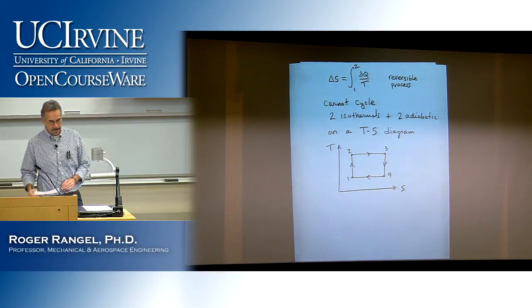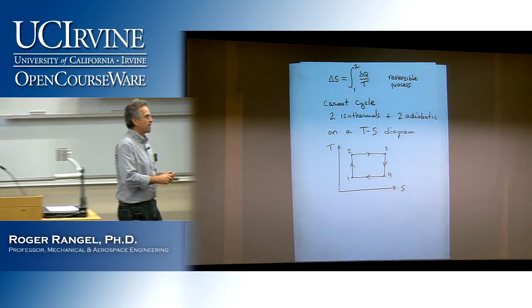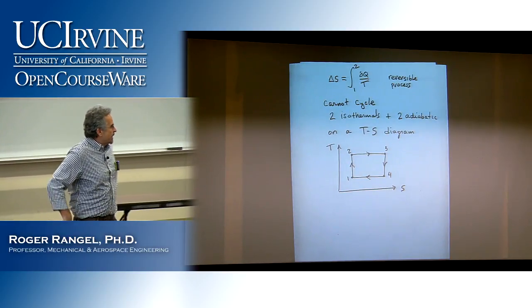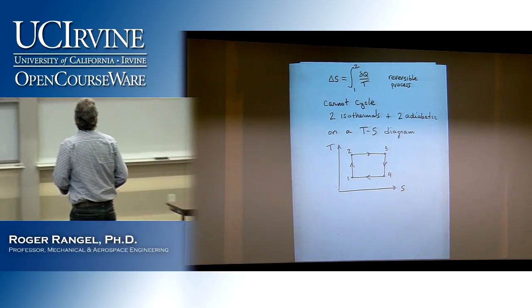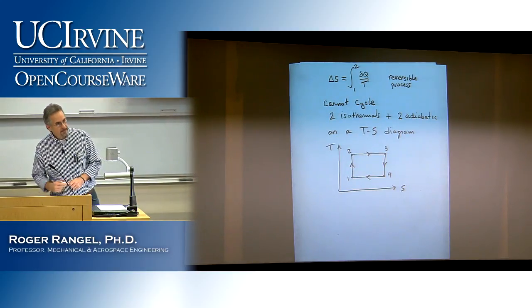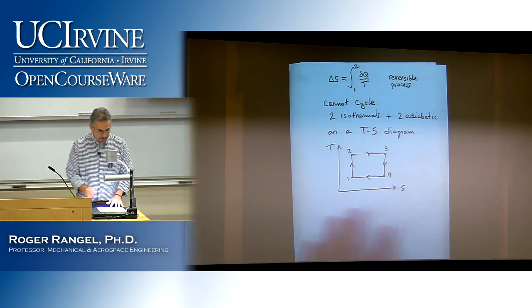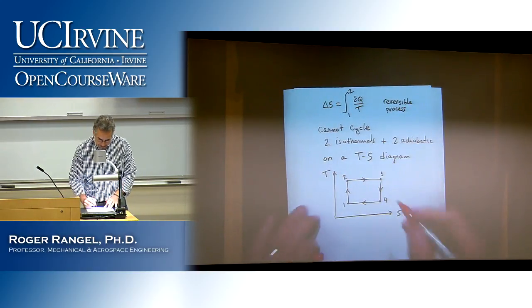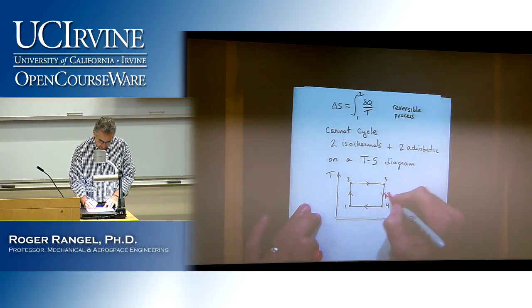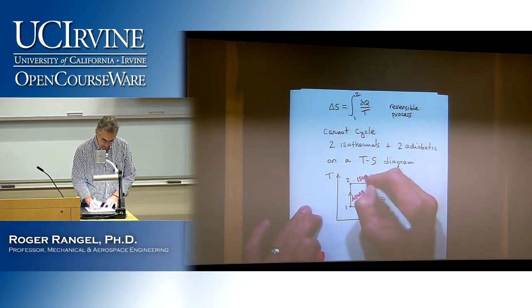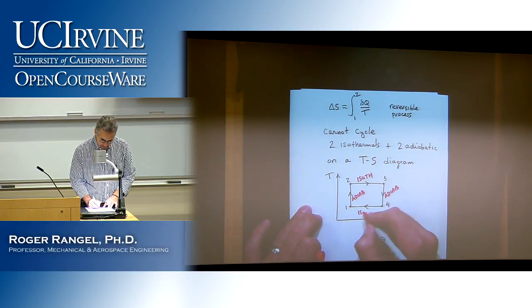Does everybody see why? Is there anybody who doesn't see why this became a rectangle? Why is it that the two adiabatic processes became straight vertical lines? It is written right here. So here is adiabatic, adiabatic, isothermal, isothermal.